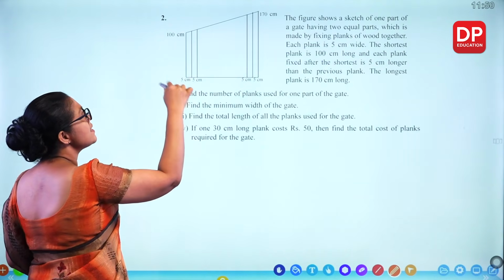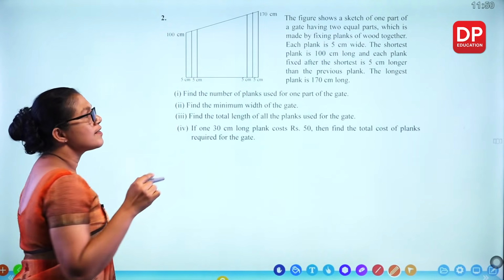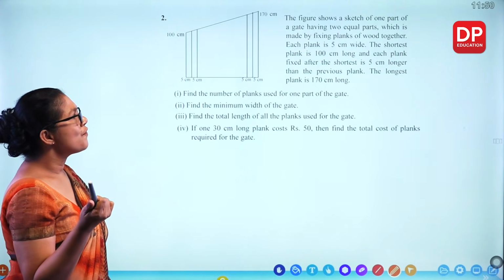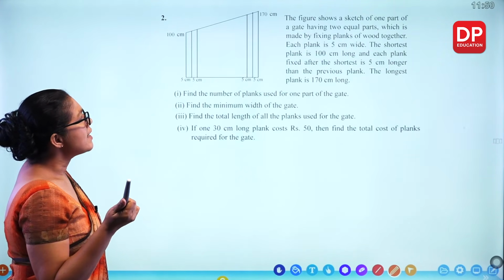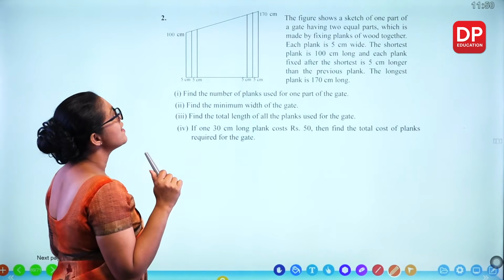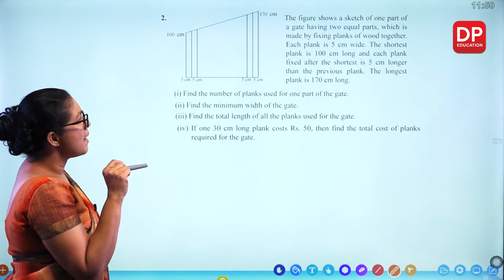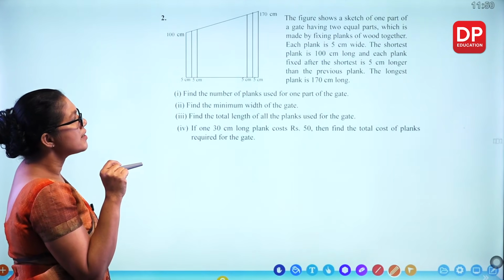So that basically means common difference is 5. The longest plank is 170.